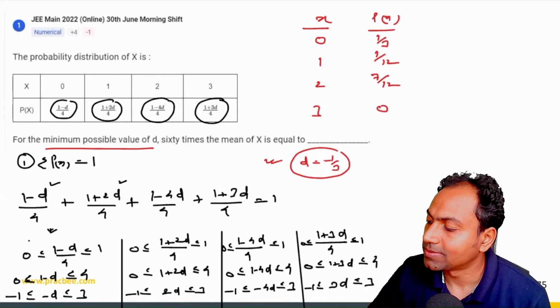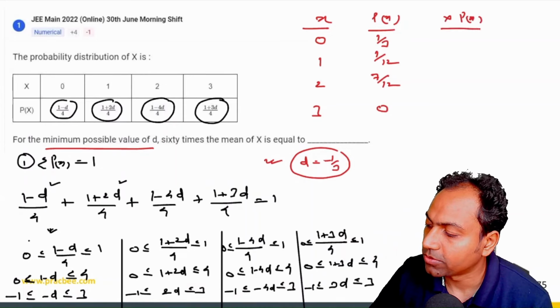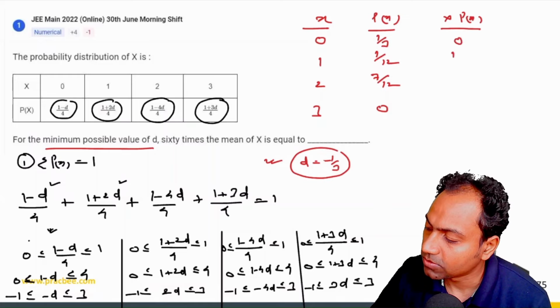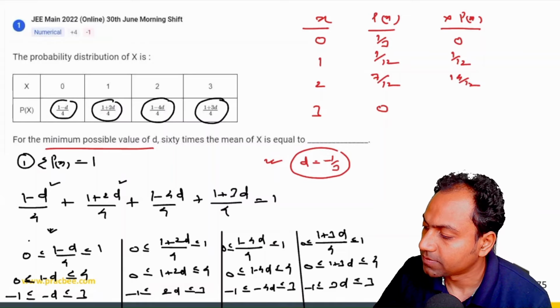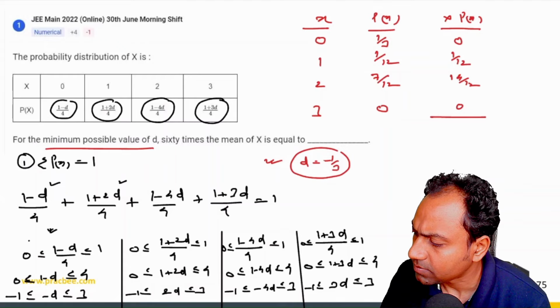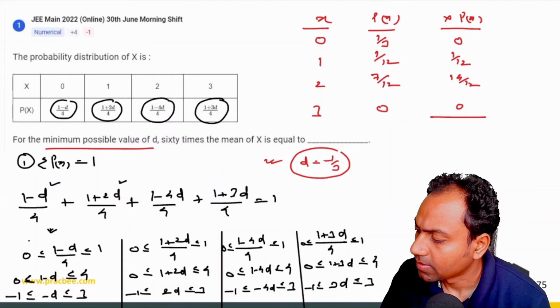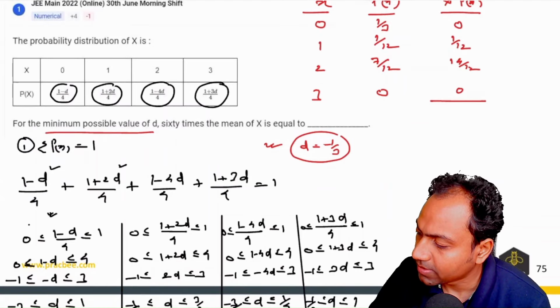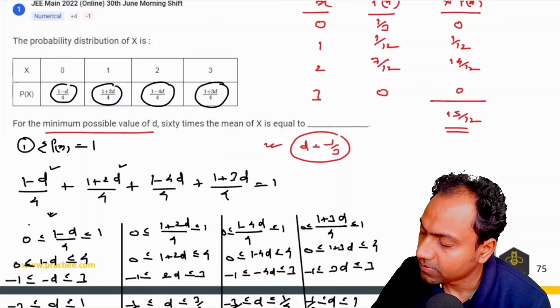So what I need to find is Σ x p(x) corresponding to this. If I multiply, the first part becomes 0, this becomes 1/12, this becomes 14/12, and this becomes 0. If I add them up, what I get is 15/12.